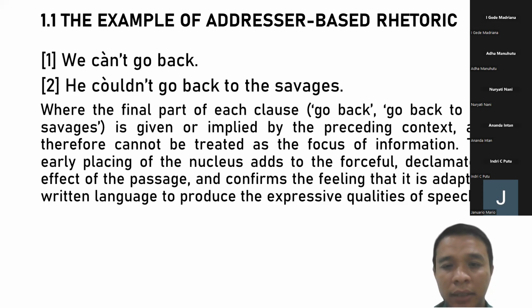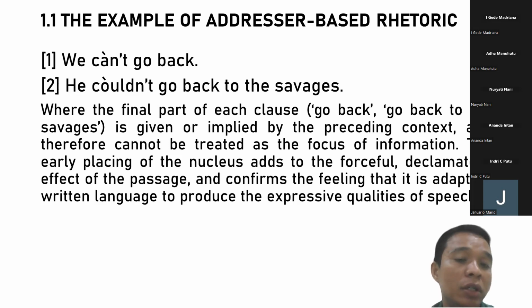As you can see, when we add what we call here the different focus of information, it will confirm the feeling that it is adapting written language to produce the expressive qualities of speech.